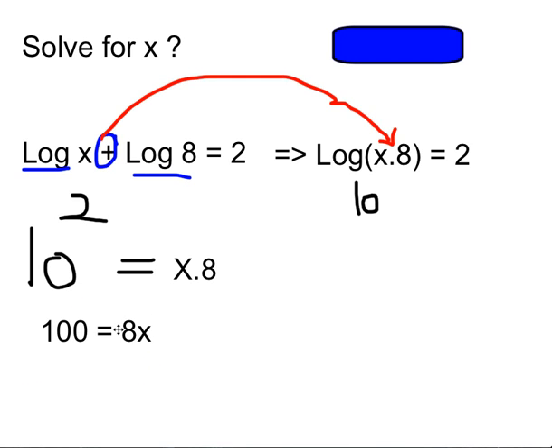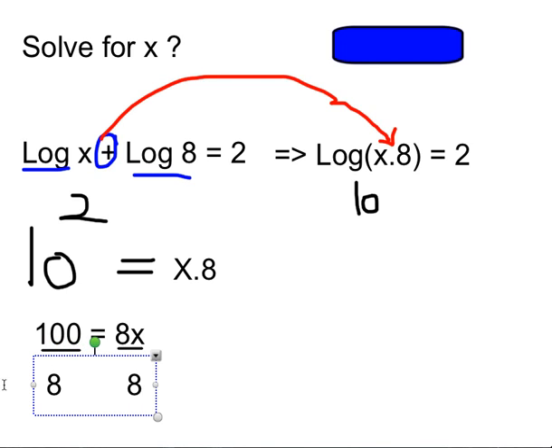Now, in order to find x, we are looking for x completely by itself. We're going to divide both sides by 8. When we divide both sides by 8, we have 8 here and 8 on the other side. What's going to happen?